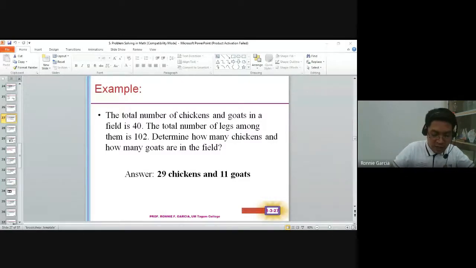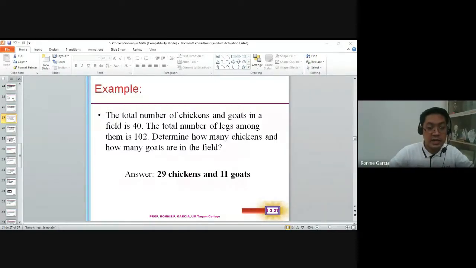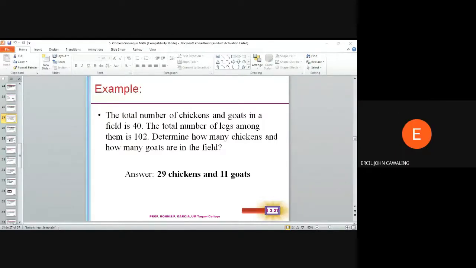If 29 chickens plus 11 goats, how many animals in all? 29 plus 11 is 40. So the first sentence is satisfied. Now the legs. If 29 chickens, how many legs in all? 29 times 2 is 58.